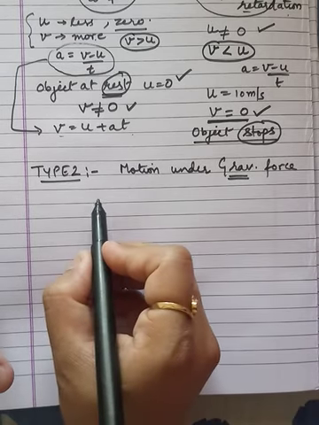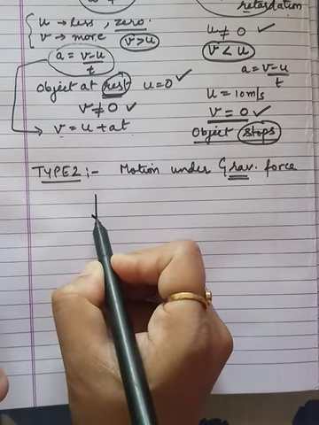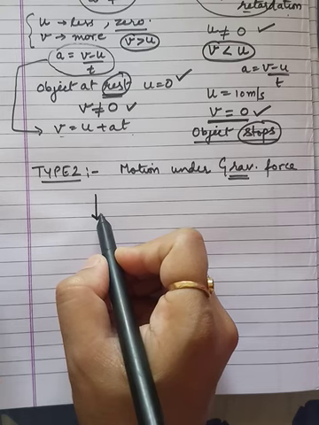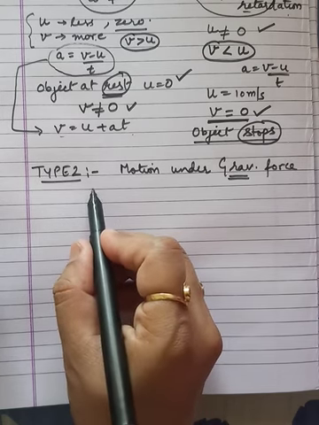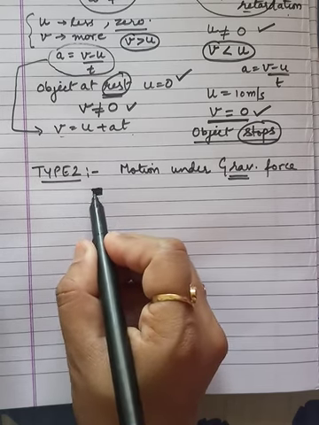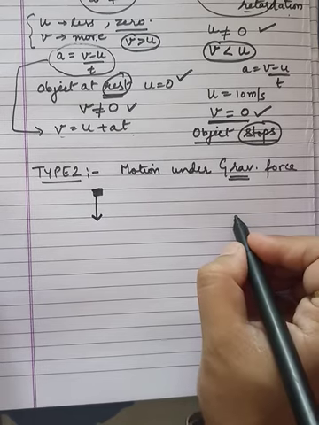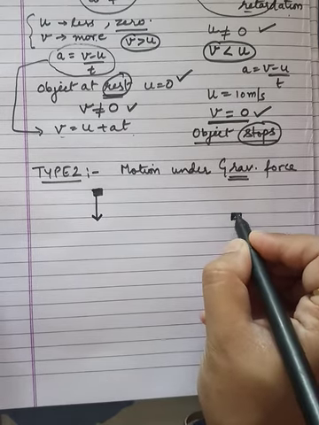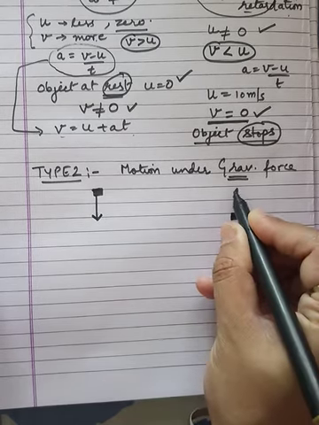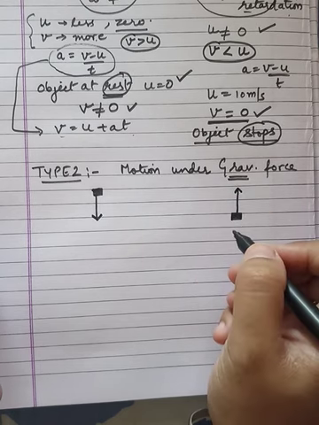So in one case, when the object is moving down or falling down under the action of gravitational force, suppose this is the object and this is under the gravitational force moving in the downward direction. And in the second case, against the gravitational force, when we are throwing any object in the upward direction in a vertical manner.